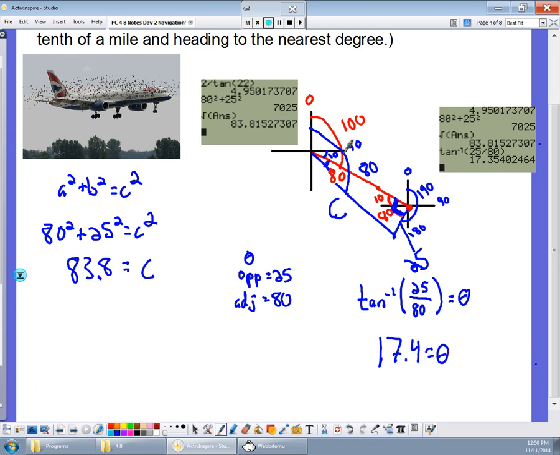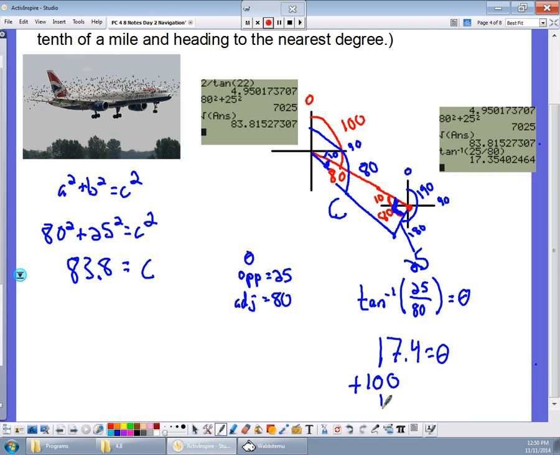But we have to be careful because theta is just this distance here. So what I want to do is add that 17.4 to this original heading in the red there, which was 100 degrees, and that'll give me my heading from north, because that 17.4 is just that little blue area right here. So I need to know from north all the way to here.